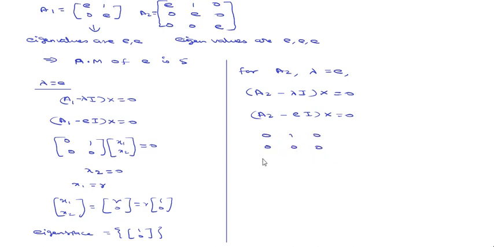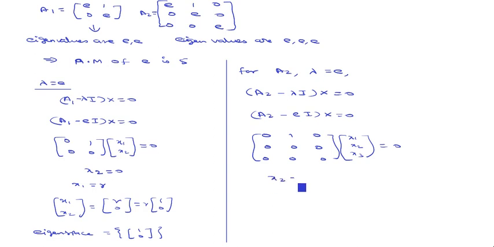We take lambda equal to E. Now (A2 minus lambda I) x equal to 0: A2 minus E I is [0 1 0; 0 0 0; 0 0 0], and x is (x1, x2, x3), equal to 0.